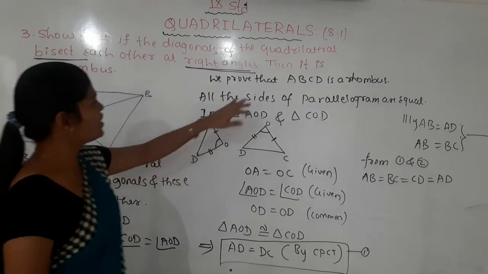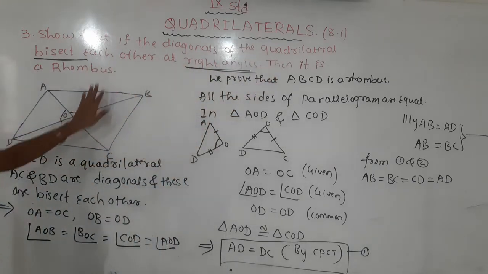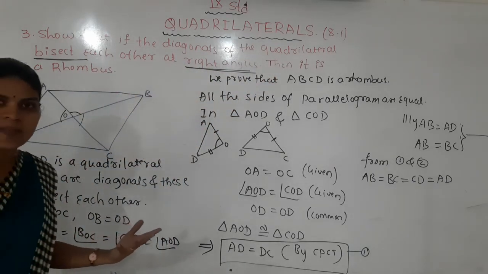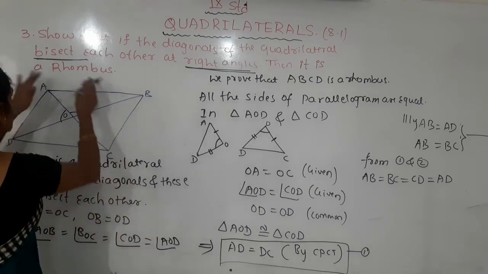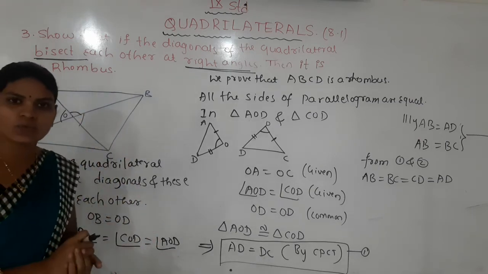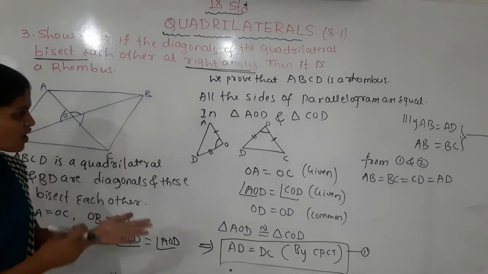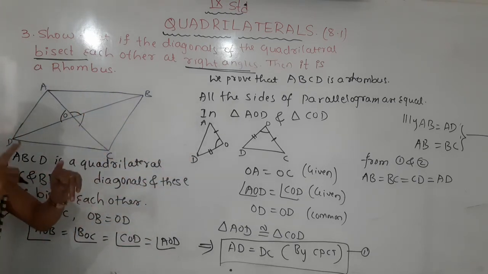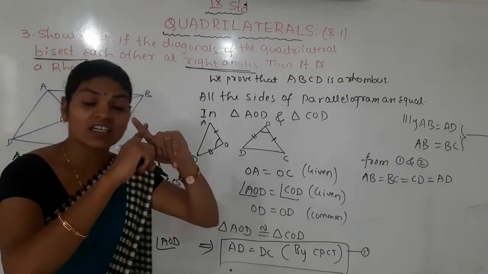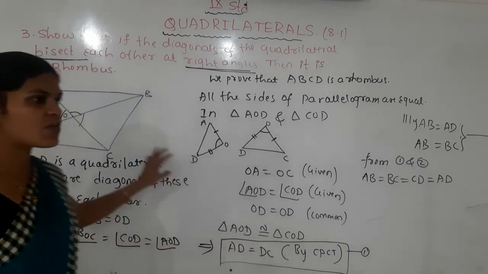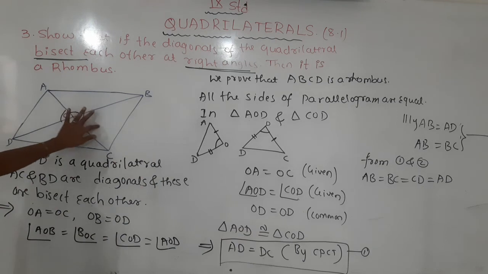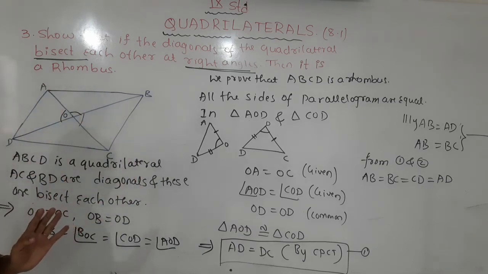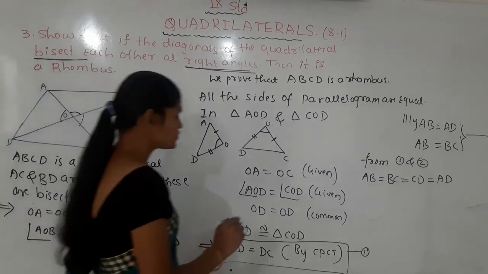Before that, this is a quadrilateral. If opposite sides are equal, it is a parallelogram. If all four sides are equal, this is a rhombus. If all four sides of the quadrilateral are equal and the diagonals bisect each other at a right angle, this is a special quadrilateral, that is a rhombus. I hope all of you got it.